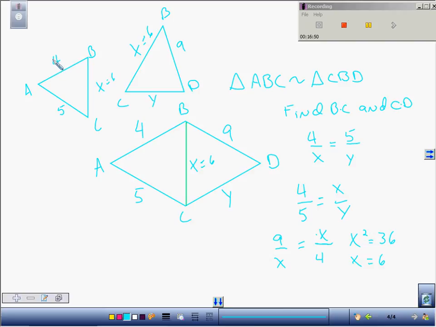So now I could do 4 is to 6 as 5 is to Y. See where I got that one from? 4 is to 6 as 5 is to Y. And so then I have 4Y equals 30, Y equals 7.5. Okay? So that's tricky. Even though the idea of similarity is pretty easy, sometimes it can be hard to set up the proportions.